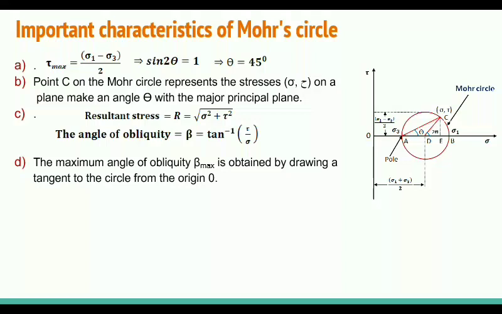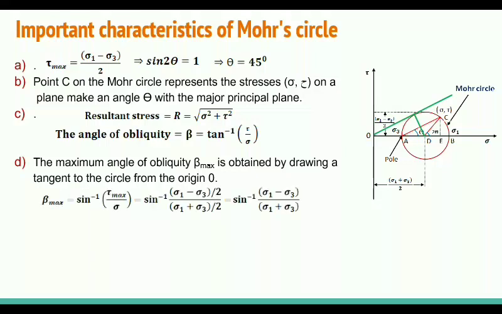The maximum angle of obliquity, beta max, is obtained by drawing a tangent to the circle from the origin O. The maximum angle will come when the line is tangent to the circle, so it will be perpendicular to the radius. That is shown in the figure by a green line, marked beta.